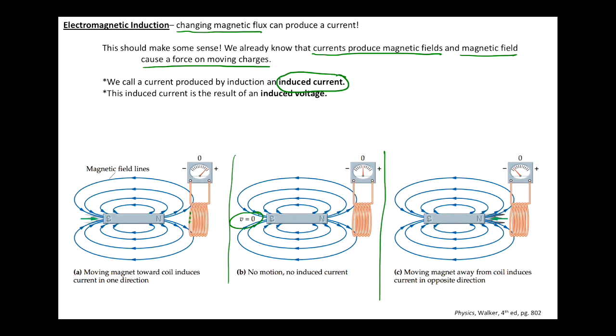Keep in mind also, charges can't flow unless there's a potential difference. So if they're flowing, there must be some potential difference in that coil, even if there's not a source of potential difference. We call that the induced voltage. One other thing is happening, and there is also in the coil an induced magnetic field, which we're going to talk about soon.